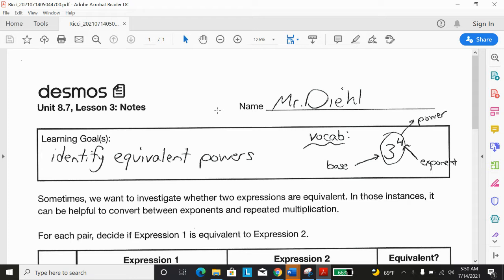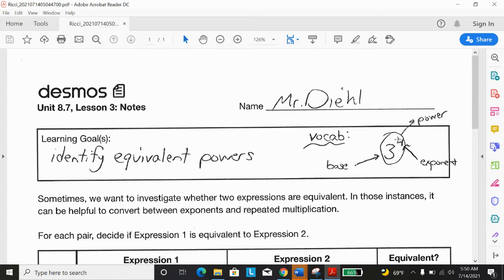So if you could write down the learning goal today, the learning goal is identify equivalent powers. Equivalent means two things that have the same value. And powers, if we have our vocabulary over here, to break down these expressions, the base is the number that we multiply over and over again.